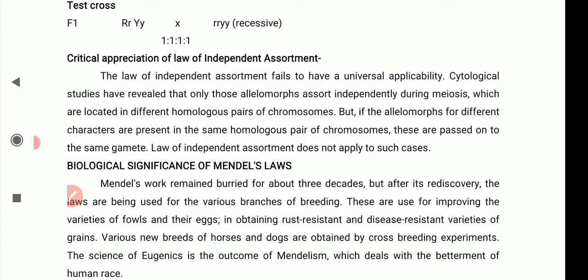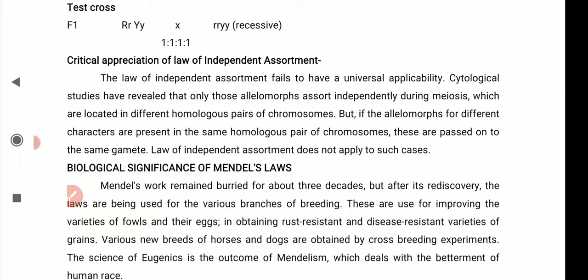But if the alleles for different characters are present on the same homologous pair of chromosomes, they are passed on to the same gamete. Because of crossing over, if they are very close to each other, they will go together. If they are far from each other, because of crossing over, they might go together or they might go to different gametes. So for cellular studies, it doesn't really make a difference.